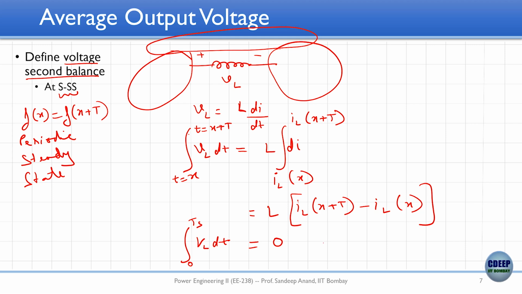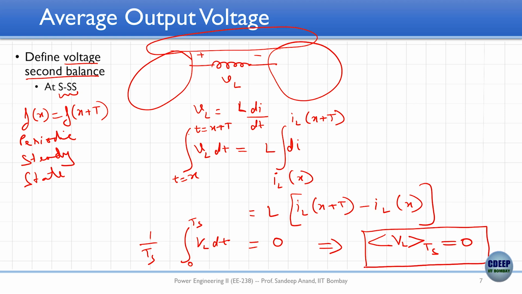This can also be written as, if you do 1 by Ts on both sides, the average inductor voltage over Ts is equal to 0. It's the same thing.